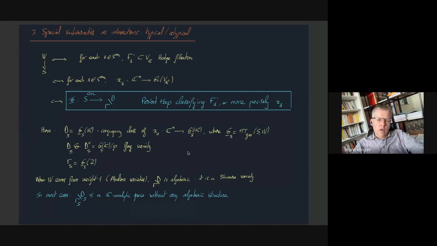Of course, when you are in weight 1 or some special cases in weight 2, D mod gamma is what is called a Shimura variety. This is an algebraic variety, but in most cases, it does not admit any algebraic structure. And so really, this period map is purely complex analytic. It's not algebraic. So this is what makes Hodge theory so funny to study.